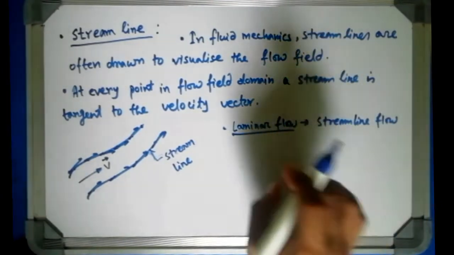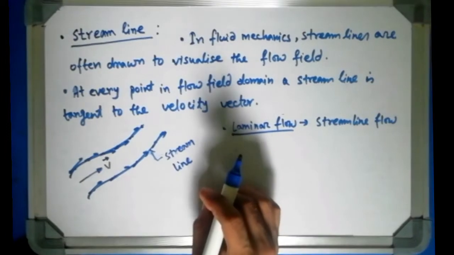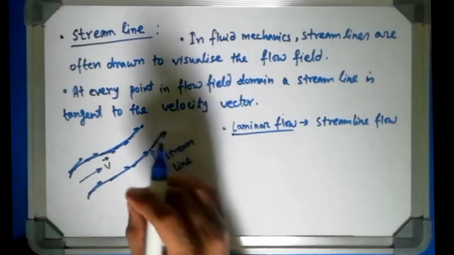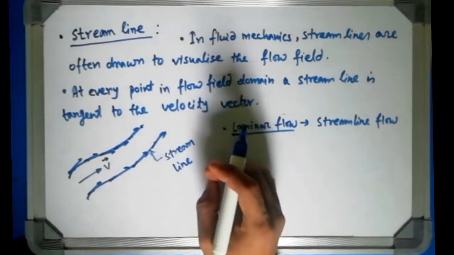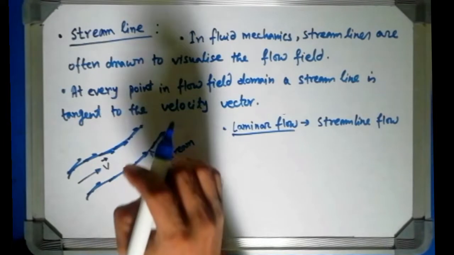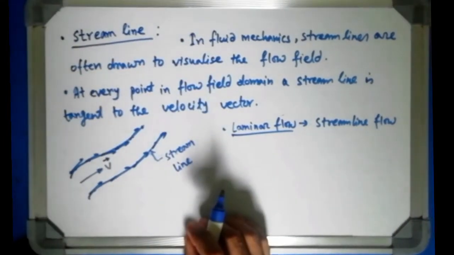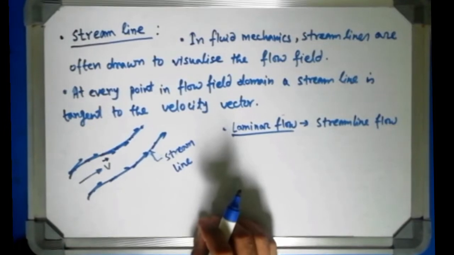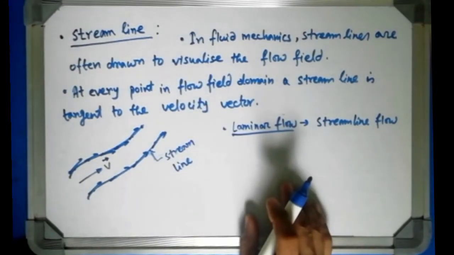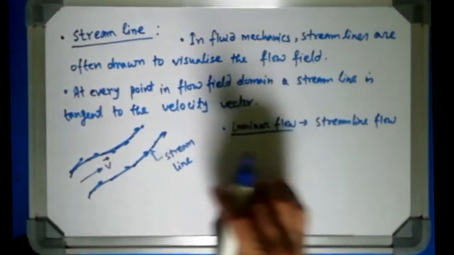Because at every point in the flow domain, the flow parameters like pressure and velocity are all constant at each and every point inside that fluid domain. So laminar flow over a horizontal surface may be thought of as consisting of thin layers of lamina.